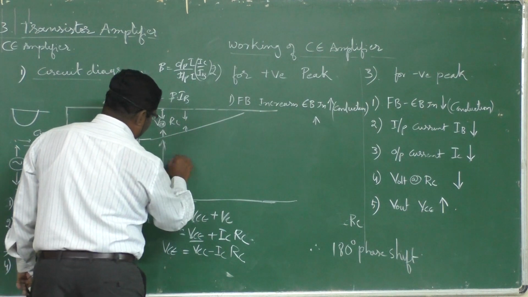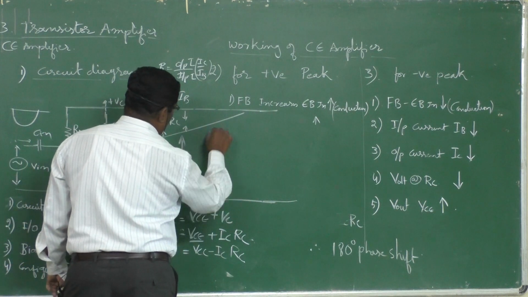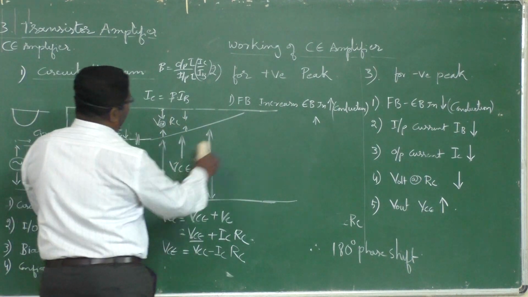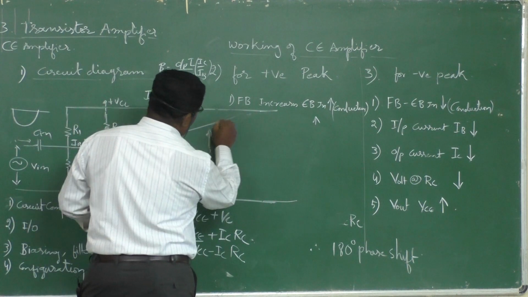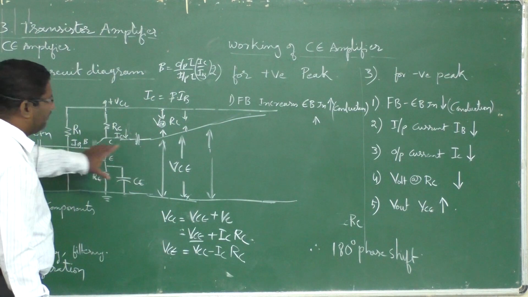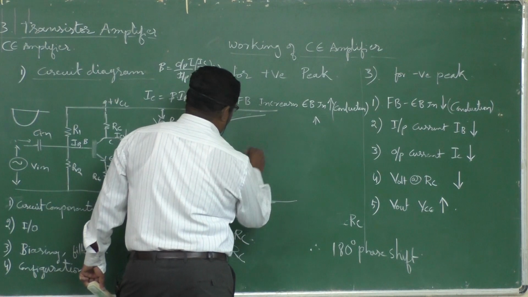VCE is increasing, it goes on increasing, and that is our output. For a negative going signal, we are getting a positive going output. So this is the output here.